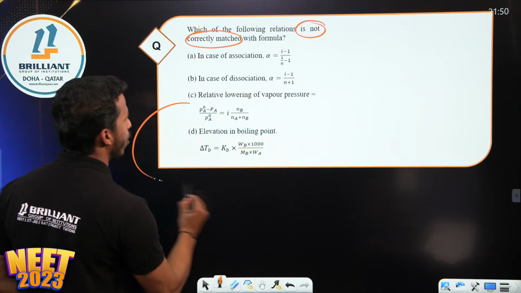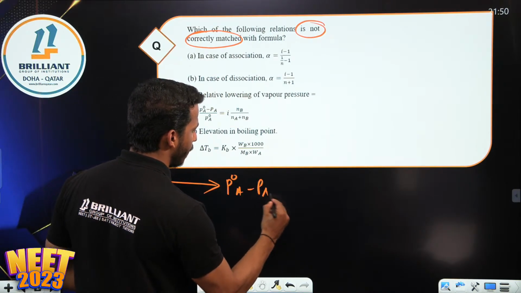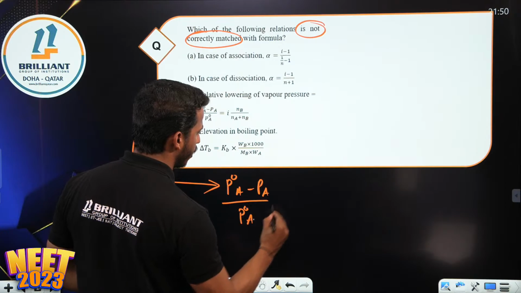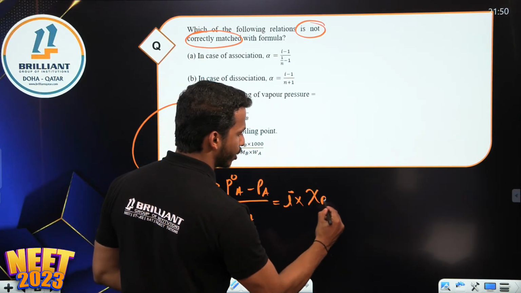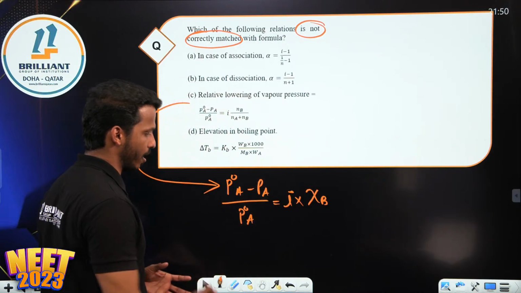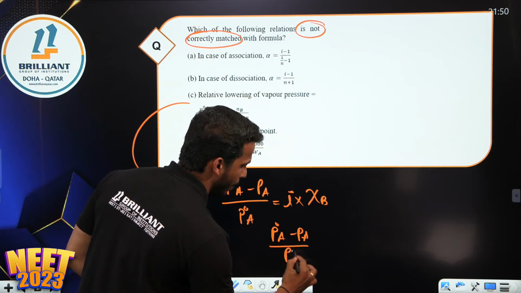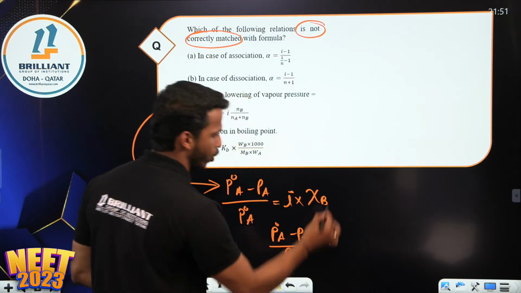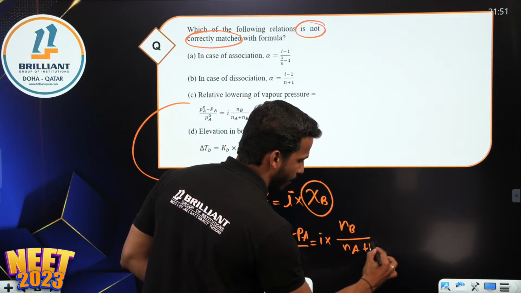They are all about relative lowering of vapor pressure. What is the equation? P naught A minus PA divided by P naught A is equal to i into the mole fraction of B. That's actually the statement. Or you can say it is equal to i into chi B, that means NB divided by NA plus NB.